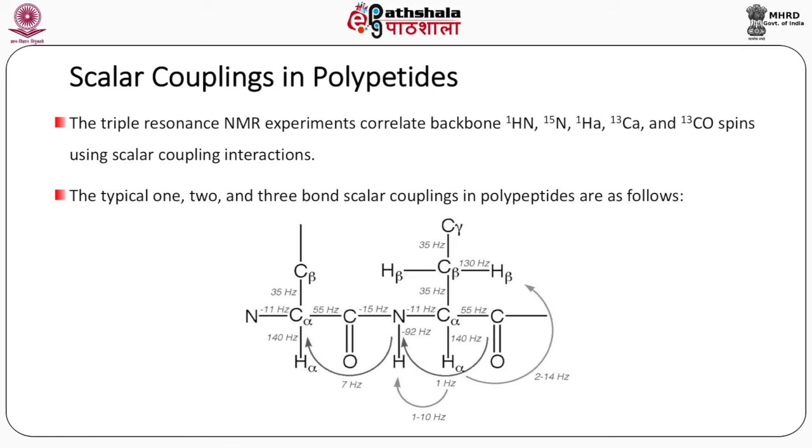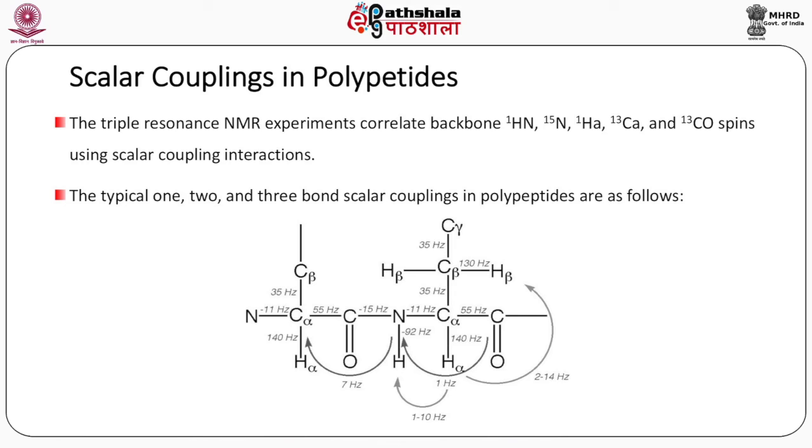In this figure, what you can see is that the coupling between H and its directly bonded N of the amide is around 92 Hertz, N to C alpha of its own residue is 11 Hertz, whereas the 2 bond coupling of N to the C alpha of the preceding residue is around 7 Hertz.